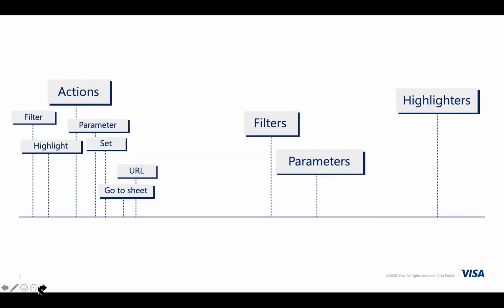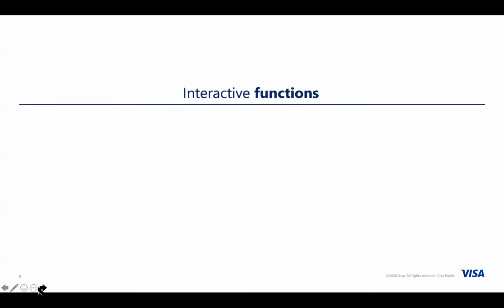But if you think about it, those are actually the surface level or the front end of interactions. They're really the Tableau features that we can use to provide our end users interactive capabilities. So to really design interactions in a more human-centered way, we need to step back and think of interactions in terms of their function and purpose.